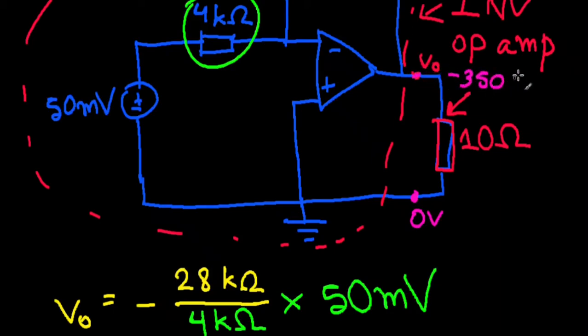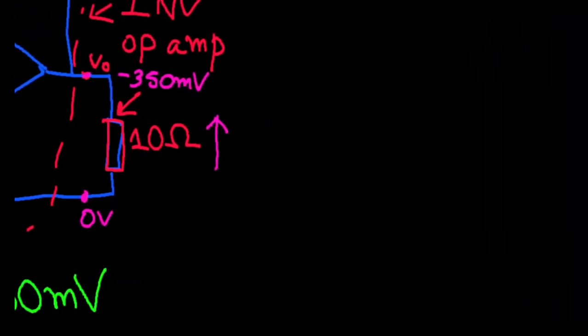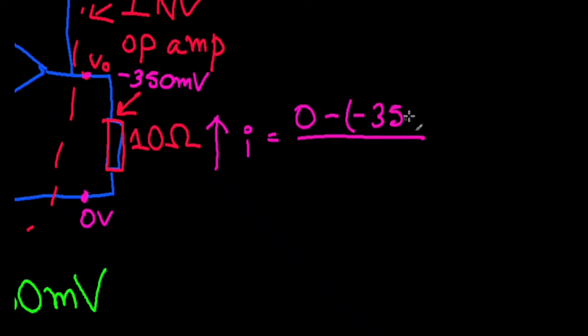As we know, current flows from low to high potential. This one is lower. The current is actually going to flow here, in this direction, and the value of that current is going to be I equals 0 minus 350.